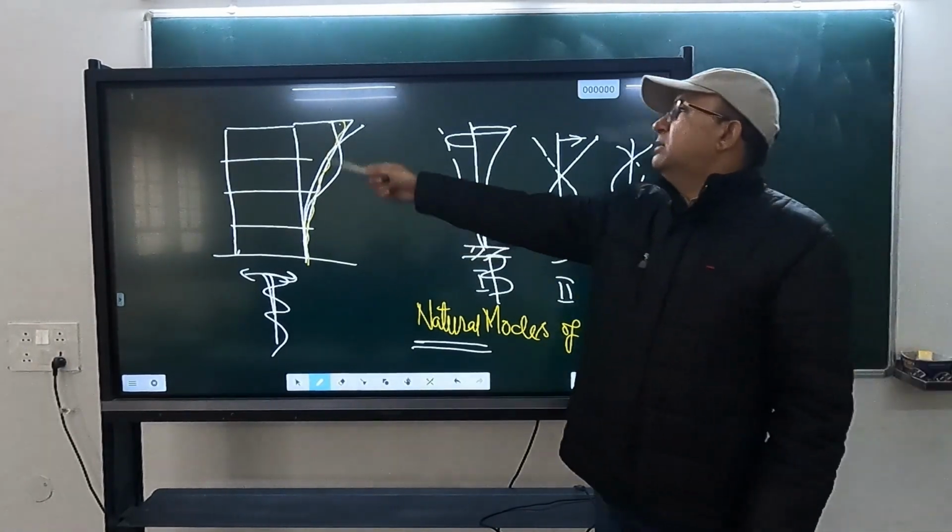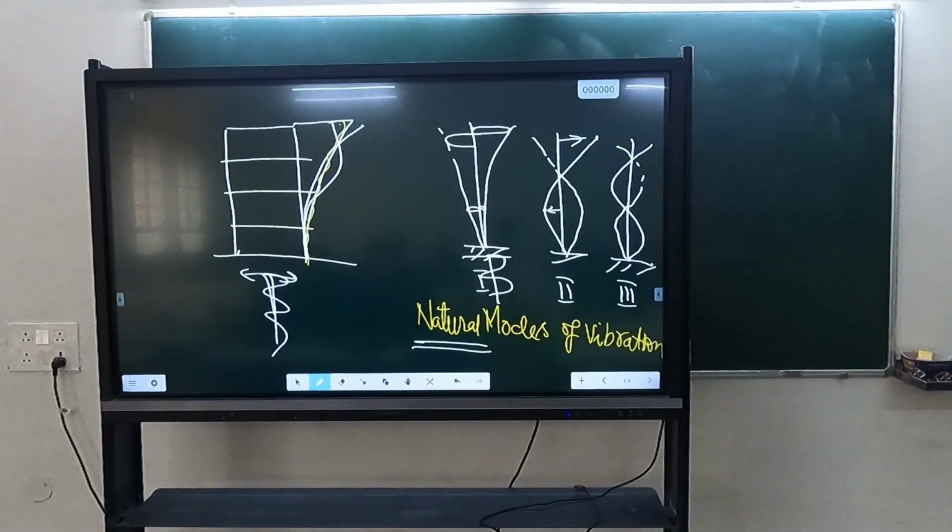Something similar is happening in our building. Building also, you can think like a soil column. Only thing is that its extent is very large, but because it is uniform, you can just cut a small column. Behavior of that small column will be same as all soil layers. You can think that the building is also having the same, and these floors are like the different layers.